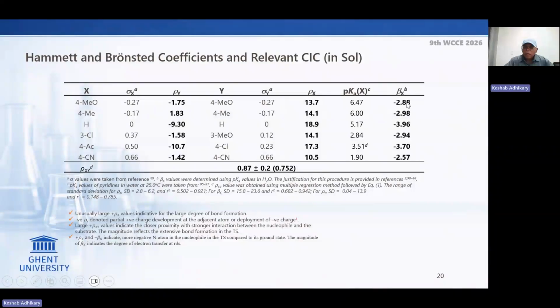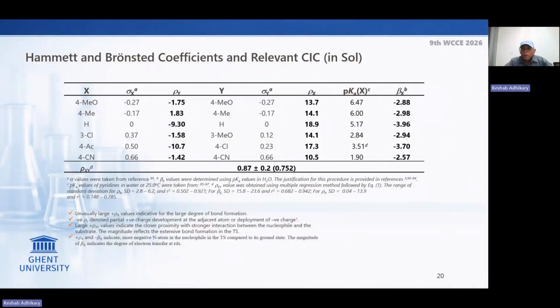And then we can find that beta X is negative and rho X is large positive. A large negative beta X value and a positive rho X value usually indicate the generation of negative charge in the nucleophile in the TS.